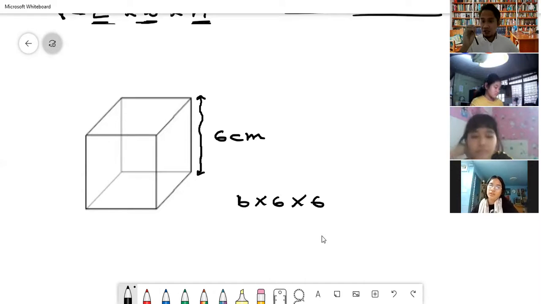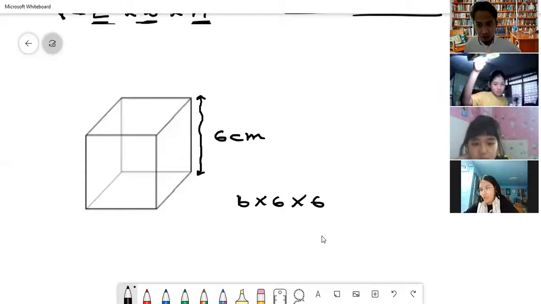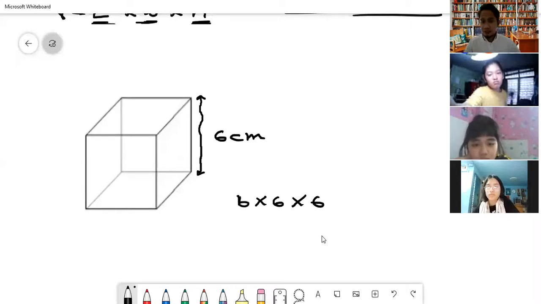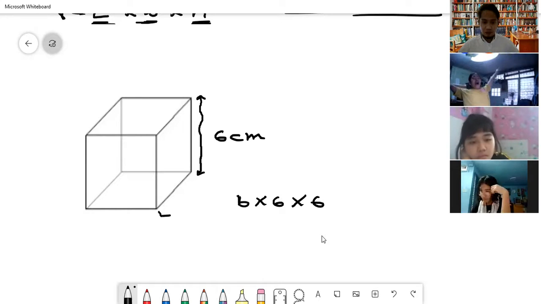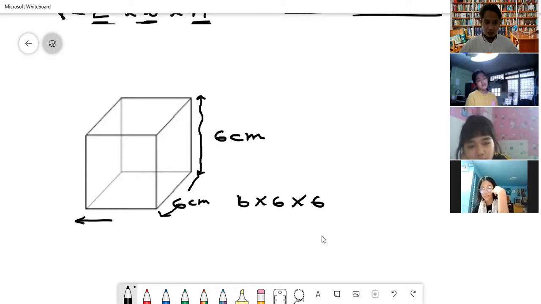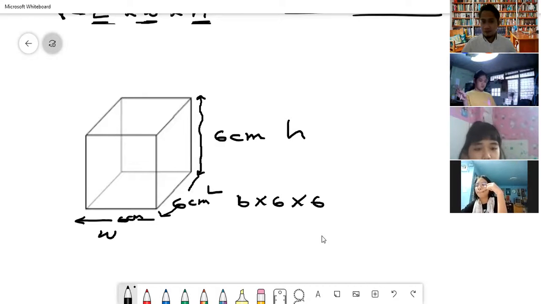Meaning, if you remember a square, all of the sides are equal. The length, the height, and the width. So from here to here is 6 centimeters. This one here to here is 6 centimeters. So this one is the height, this one is the length, this one is the width, right? Or this one could be the length and this could be the width because they are the same.